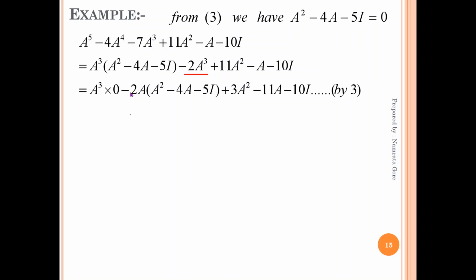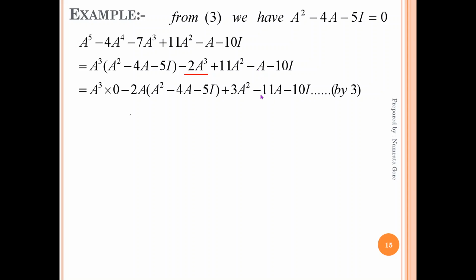Then minus 2A into minus 5I is plus 10A. So plus 10A is picked up from here. So remaining is 1. Remaining is 1.